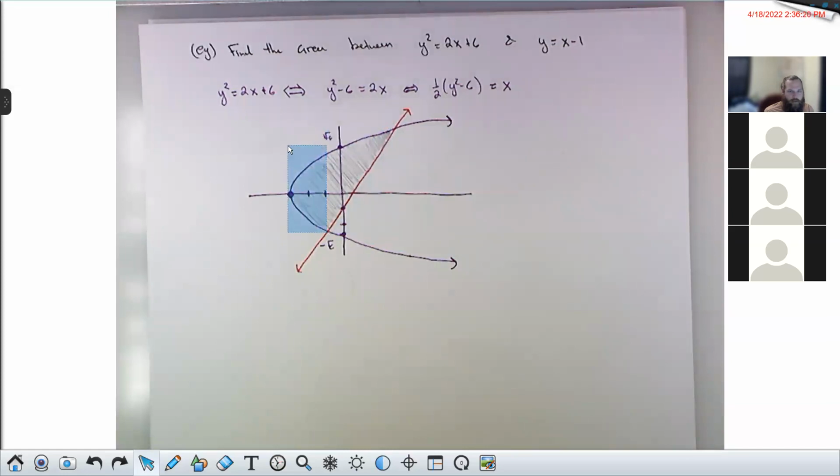But what about over here? The purple is both the upper and the lower. You could hack your way there by saying you're going to find this area as upper minus lower, integrated from whatever this x value is to whatever this x value is. And then over here, you could calculate the area above the x-axis and double it because of the symmetry. But that's sloppy.